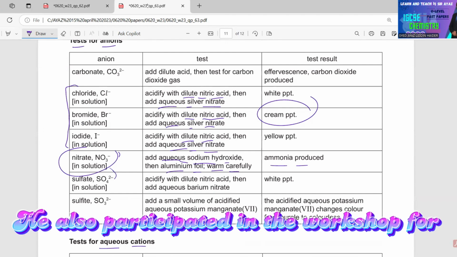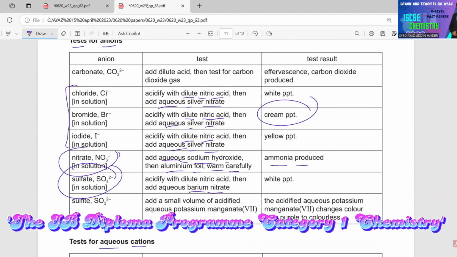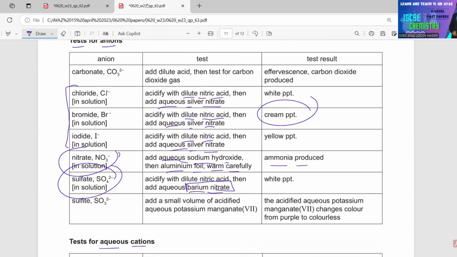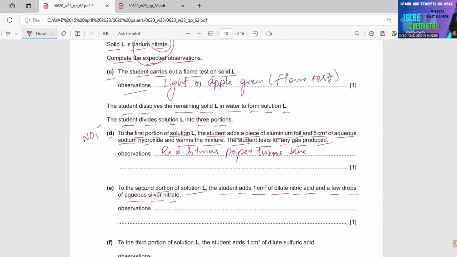If you look at the test for the sulfate ion, it gives the test with barium nitrate. So sulfate ion will give the test with barium nitrate. It's a test for barium, and it gives a white precipitate with this. So you'll definitely see no change here in part E, because we don't have any sulfate ion here. So in E, you'll write no reaction or no change.